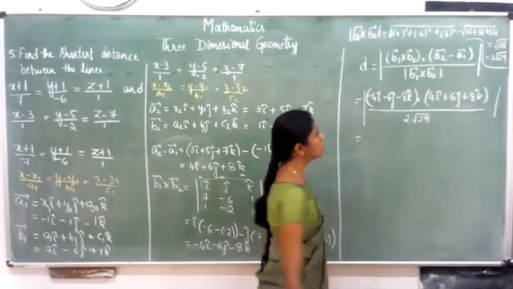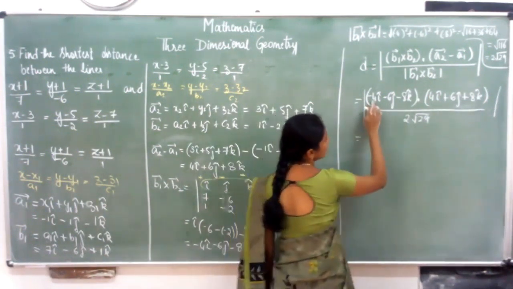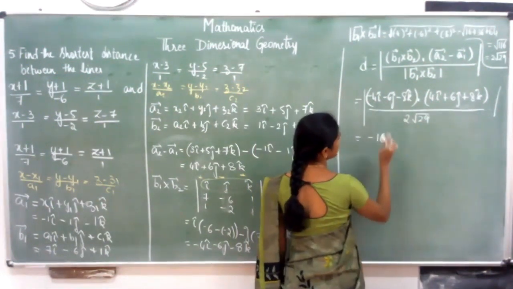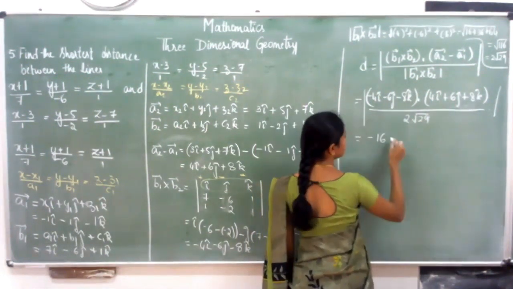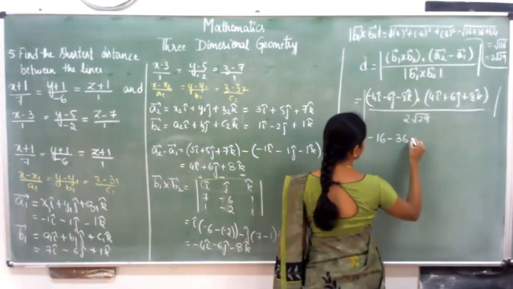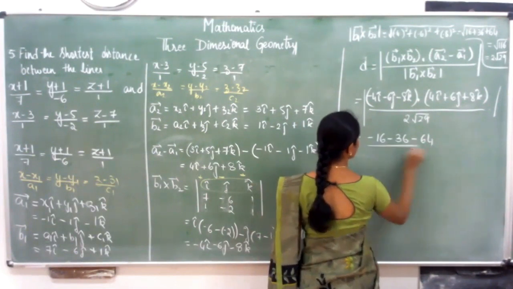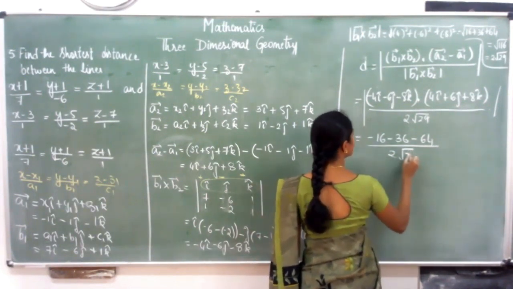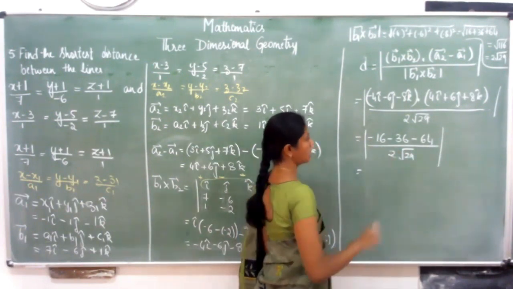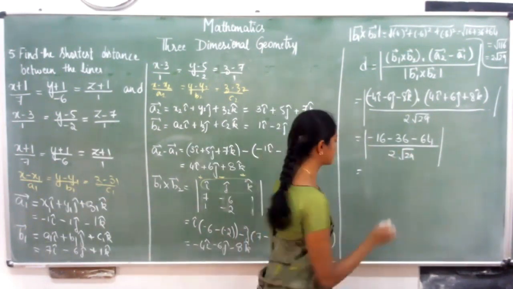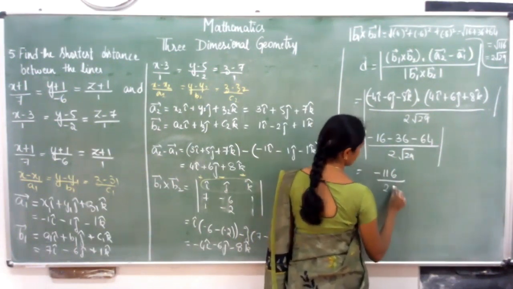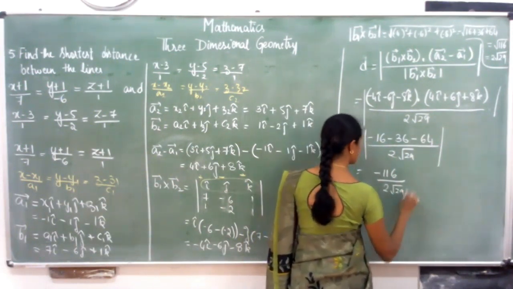Therefore, minus 4 into 4 is minus 16, minus 6 into 6 is minus 36, minus 8 into 8 is minus 64, divided by 2 root 29. If you add all this, minus 16, minus 36, minus 64, we get minus 116 divided by 2 root 29.